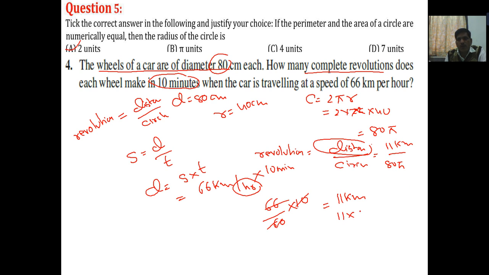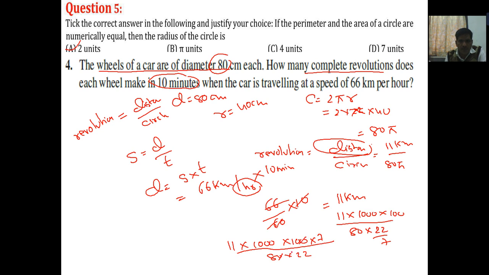Now 11 kilometer multiplied by 1000 into 100 to convert into meter and then centimeter, and pi as 22 by 7. So 11 into 1000 into 100 into 7 divided by 80 into 22.